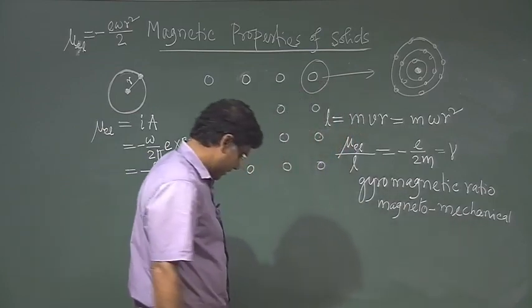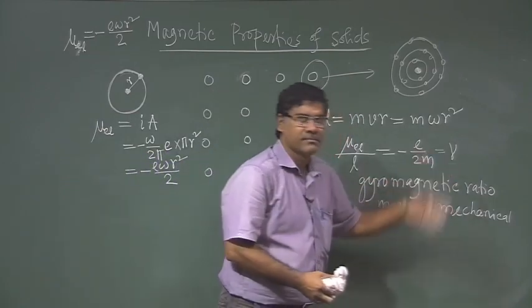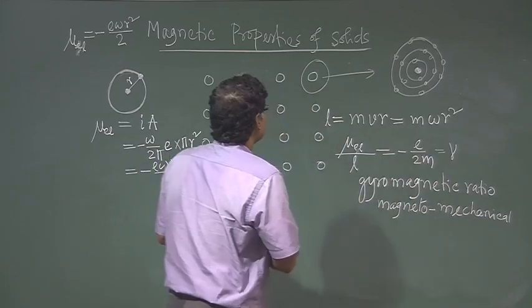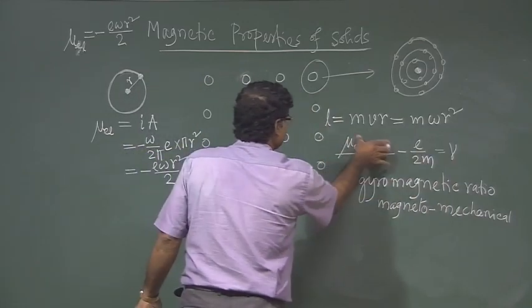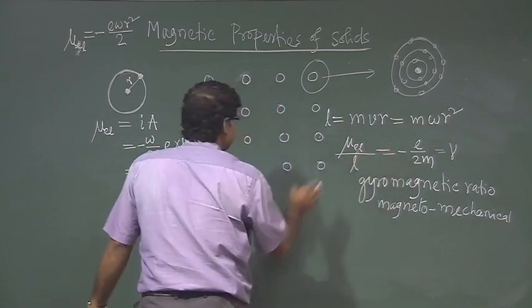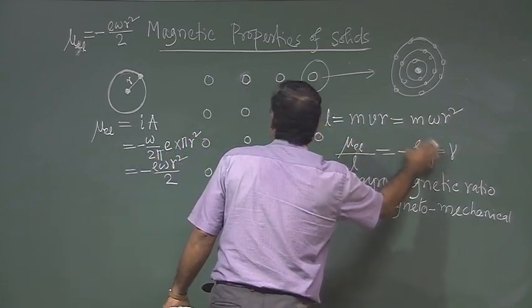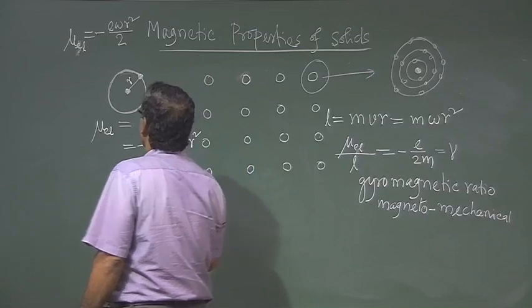This is the important ratio, and it is a constant for an electron in orbit.